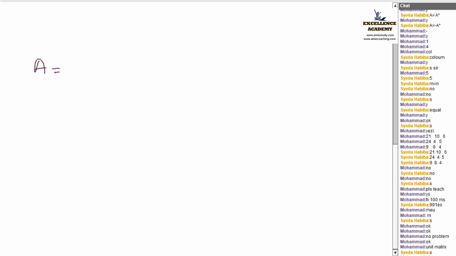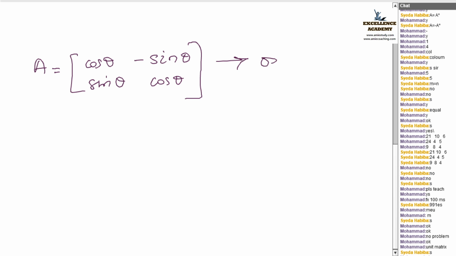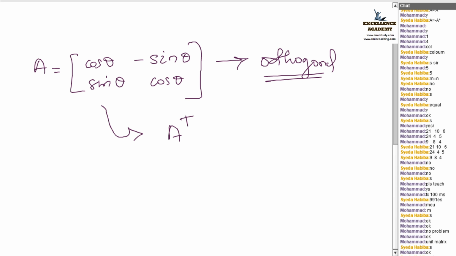So please do this one: if A is equal to cos theta, minus sin theta; sin theta, cos theta, show that this is orthogonal. What do you have to do? To check whether it is orthogonal, what is the condition? You have to find out A transpose, isn't it?